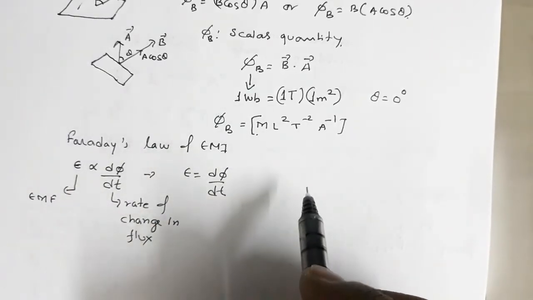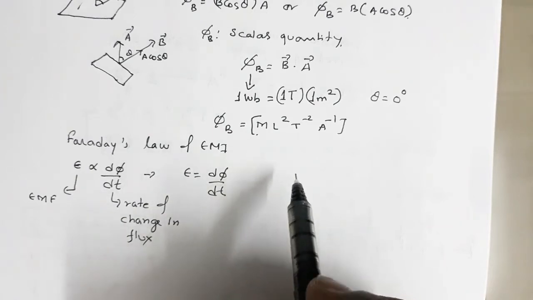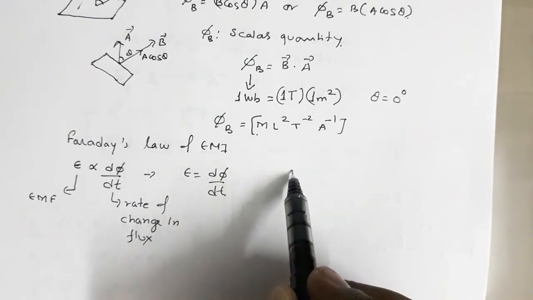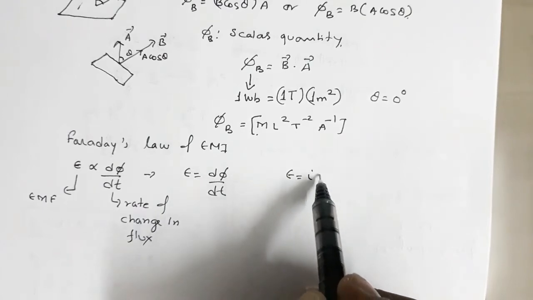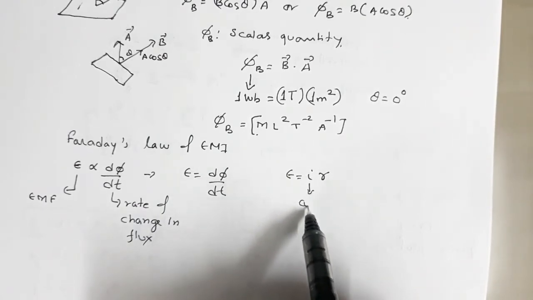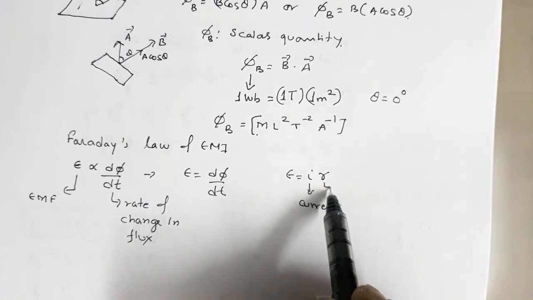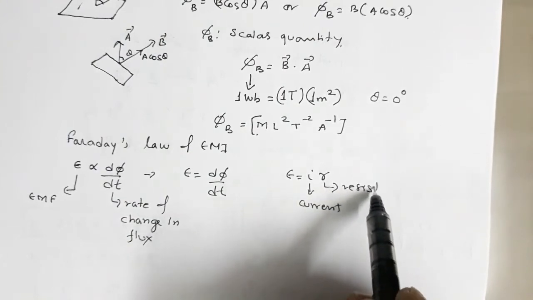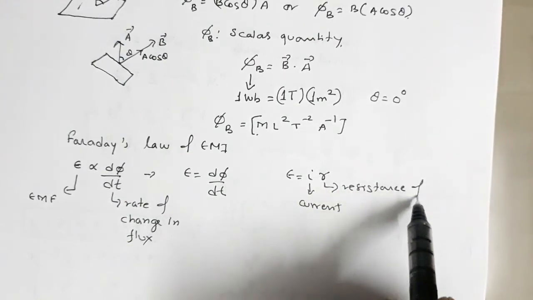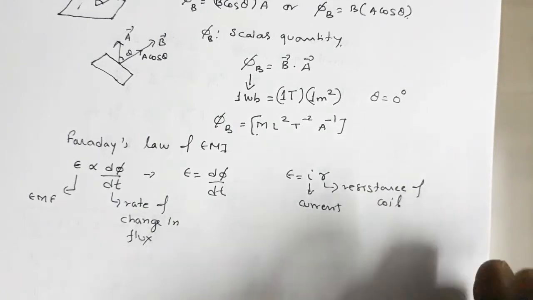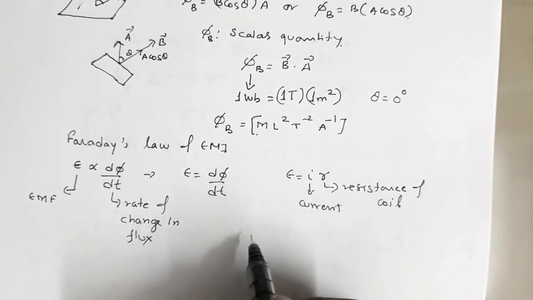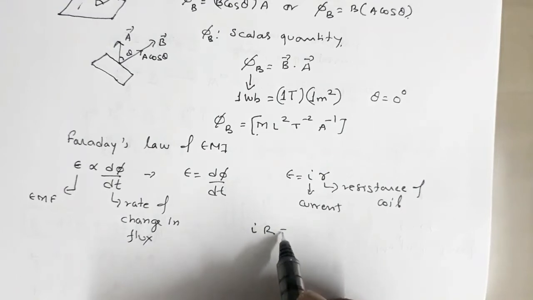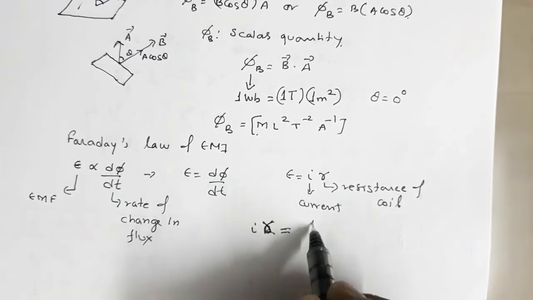If R is the resistance of the coil in which this flux is changing, then E is equal to I into R. This I is the current and R is the resistance of the coil. So I into R is equal to d phi by dt.